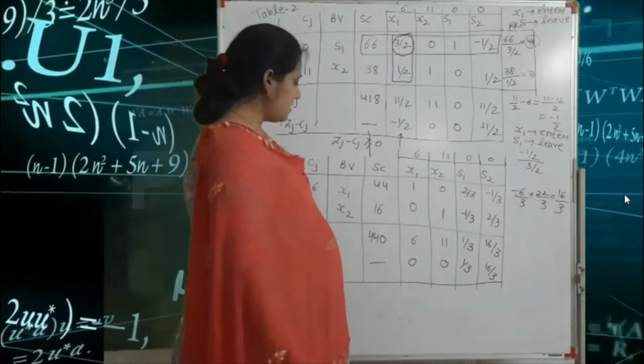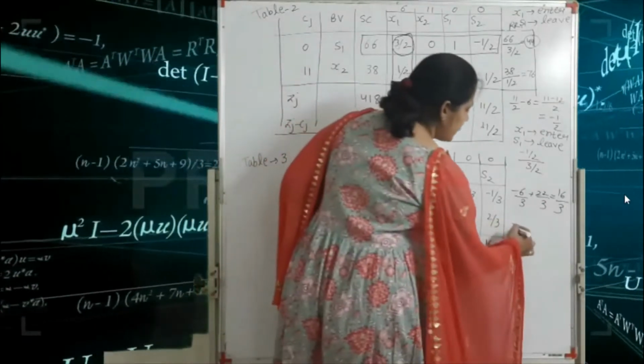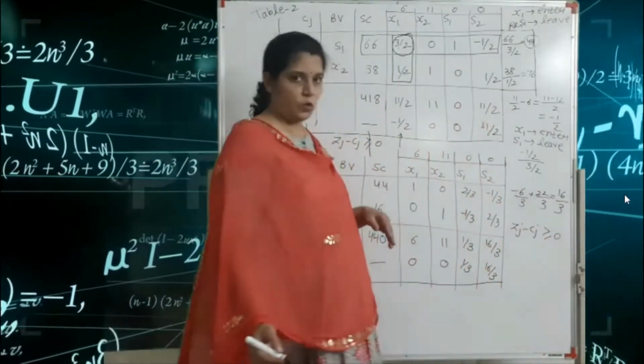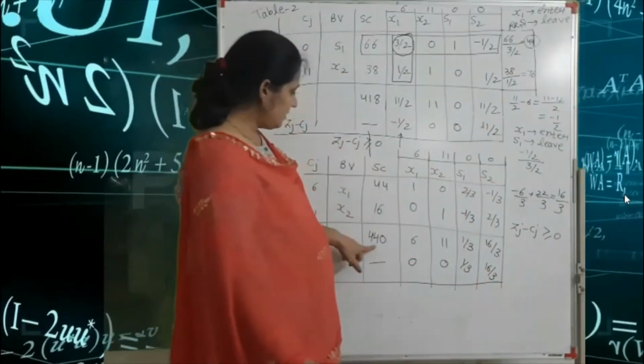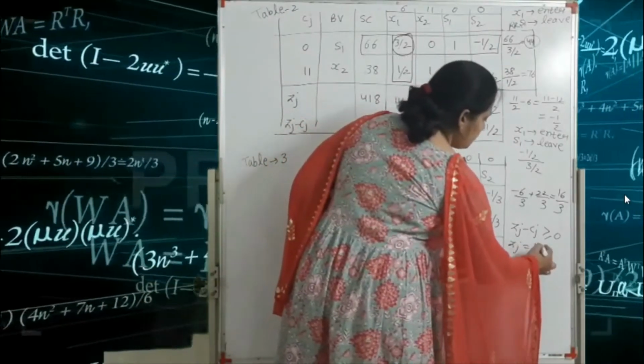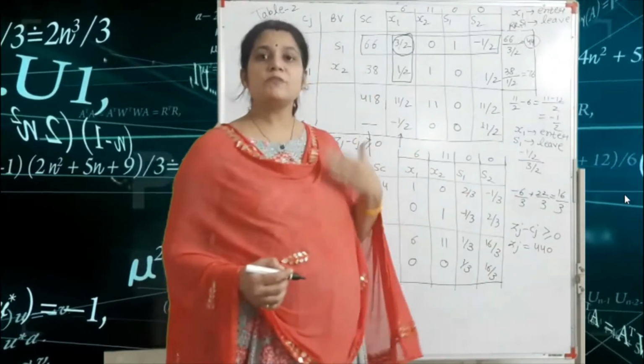Okay, so here all the values are in positive form. That means here zj minus cj is greater than or equal to 0. So here zj is equal to what? 440. So here zj is equal to 440, our final answer. This is the optimum solution.